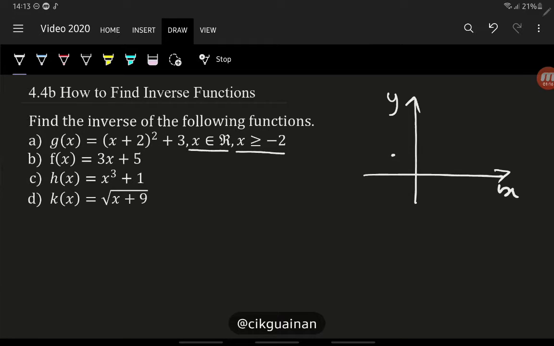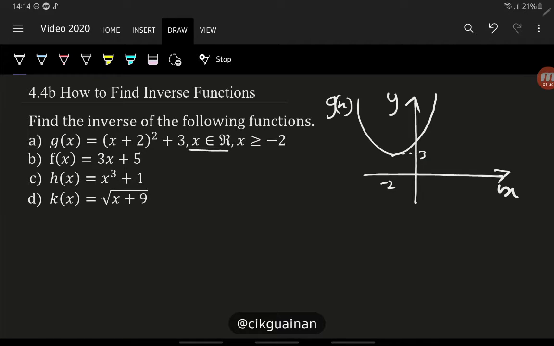Supposedly, if we don't have this restriction, the function should be like this. This is our g(x).